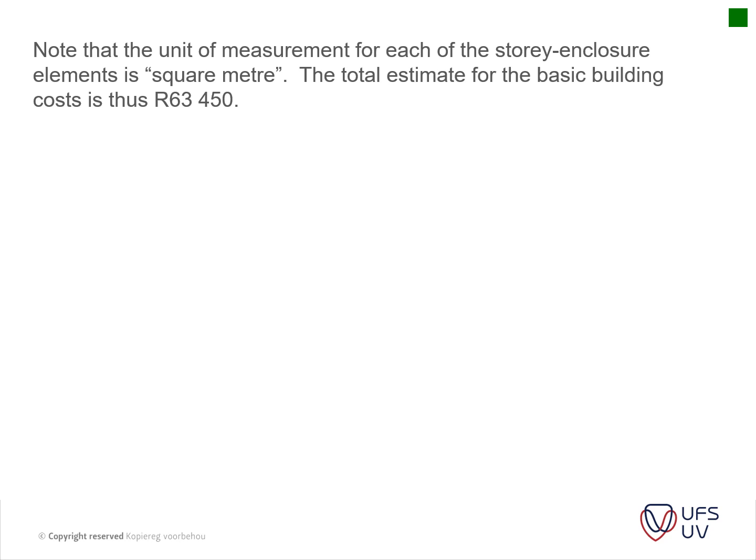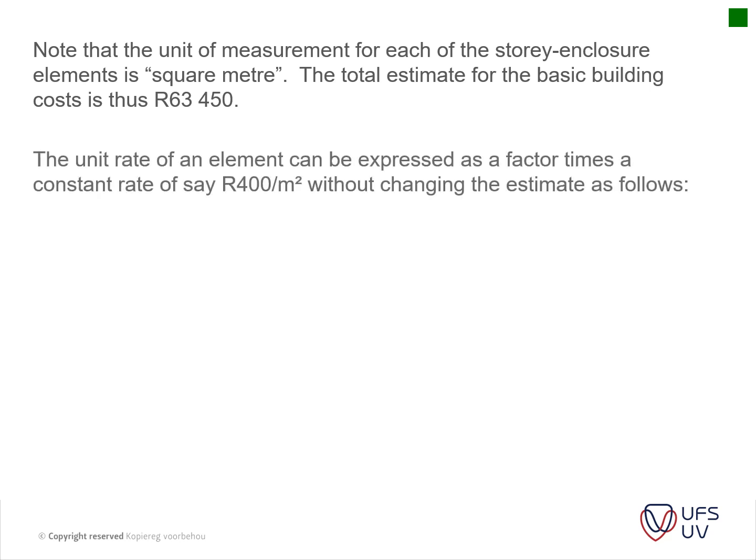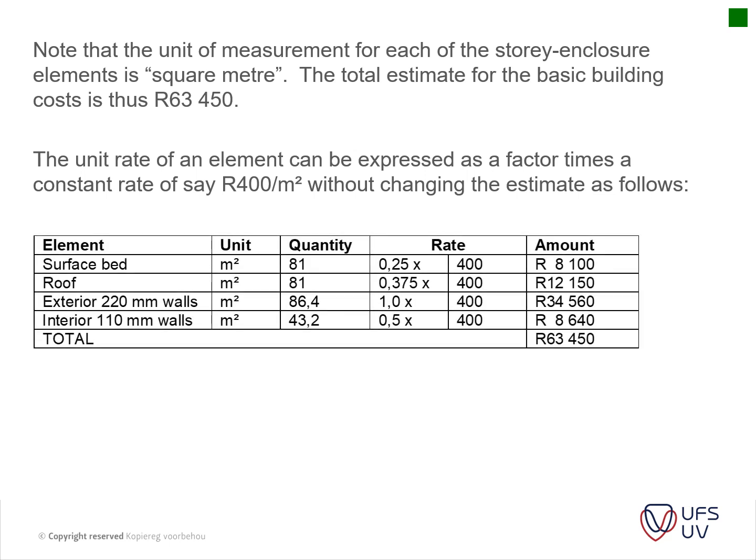63,450, as mentioned. The unit rate of an element can thus be expressed as a factor times a constant rate of, say, 400 Rand per square meter, without changing the elements, as follows. The exterior walls have a factor of 1 and a given rate of 400, so one can calculate what the factors should be for the other elements to get to the rates that we need.